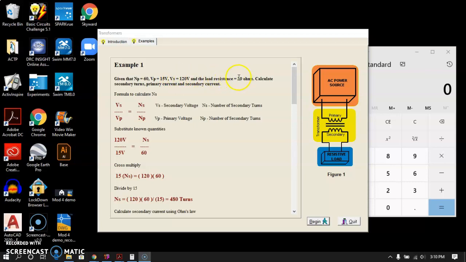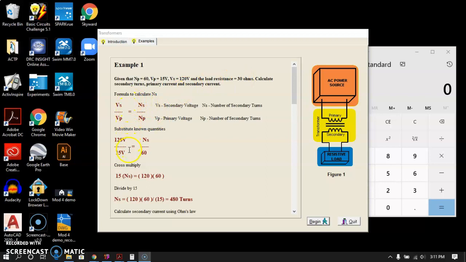We also know that we have a load resistance of 30 ohms. That's this right here. Let's use a little Ohm's law. If you take 120 volts and you have 30 ohms, you can figure out what your current is. 120 divided by 30 gives you a value of 4. So we know that our current in this case is 4 amps.